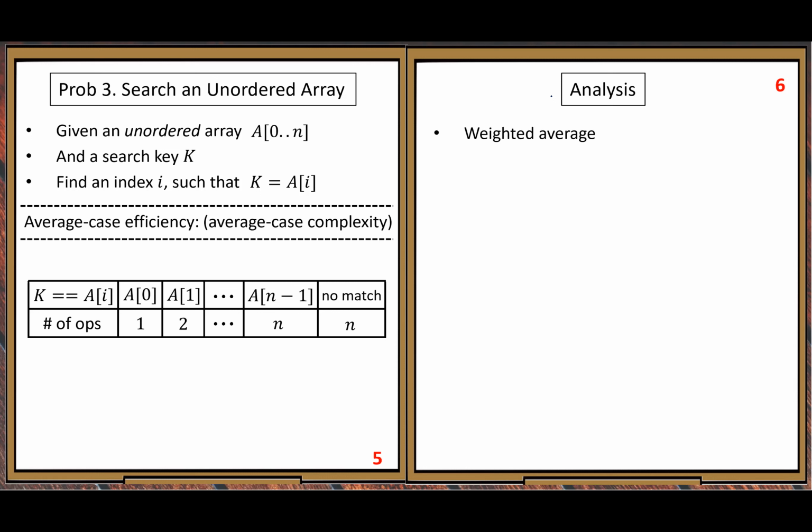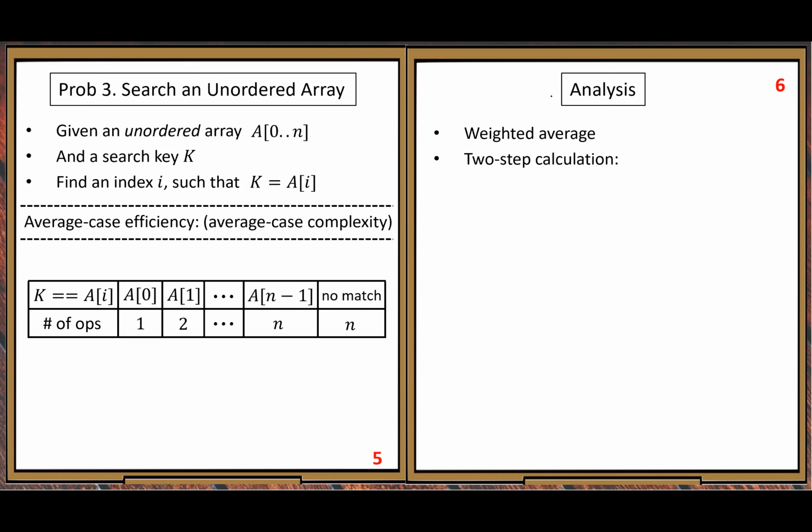So we consider the weighted average, and we use a two-step calculation, because we have a matching case and a no match case. So two-step. For the matching case, what is the average? For the no match case, what is the average?